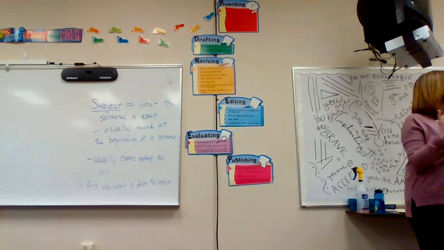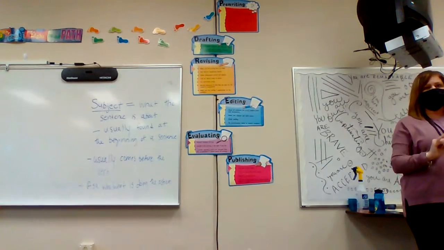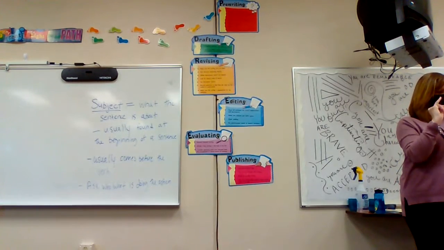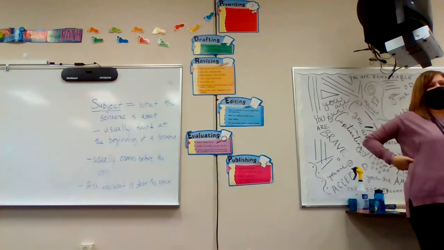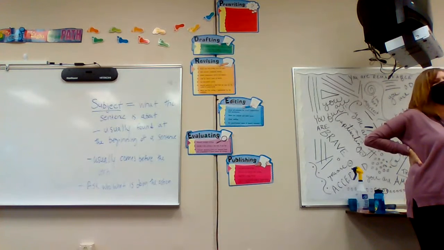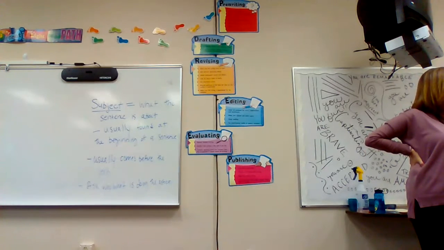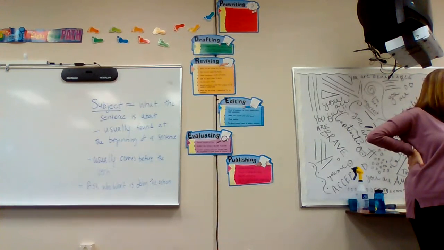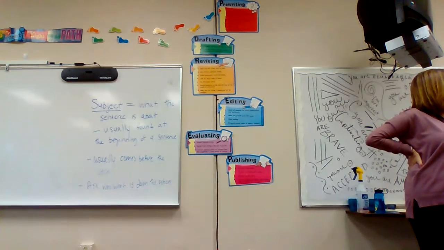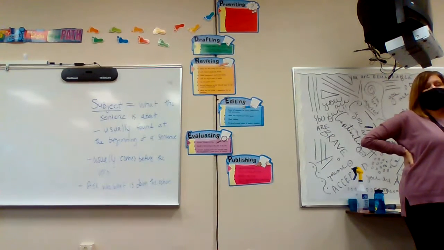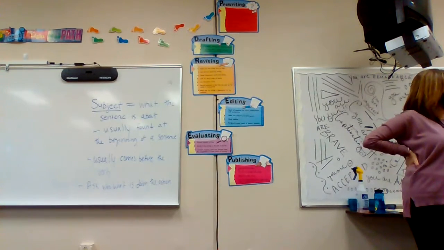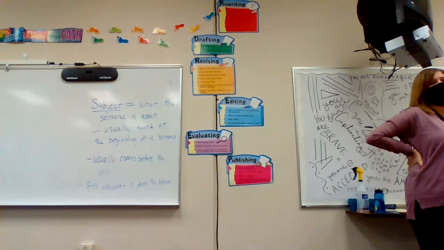And that is all that I want you to do on 1 through 10, page 9. So underline it, circle it, highlight it, and you're doing it for 1 through 10.